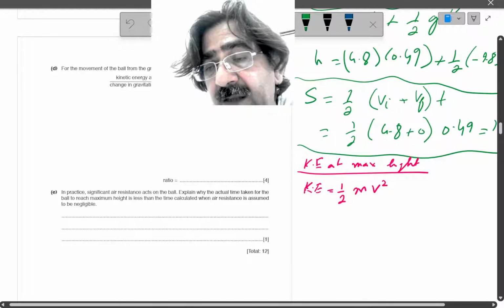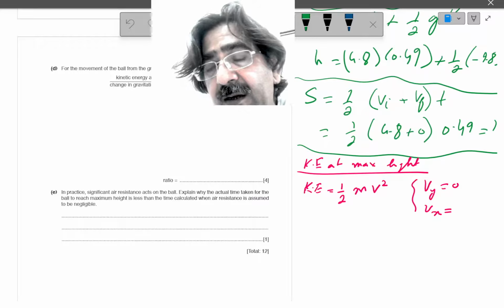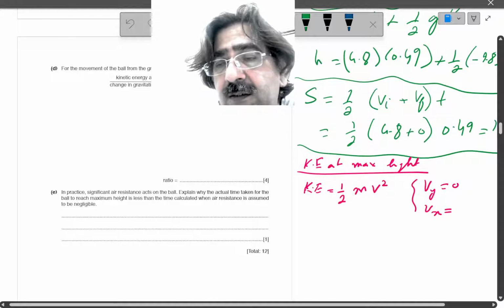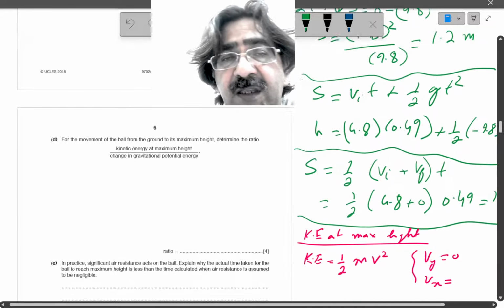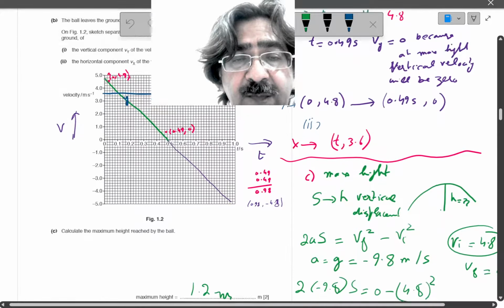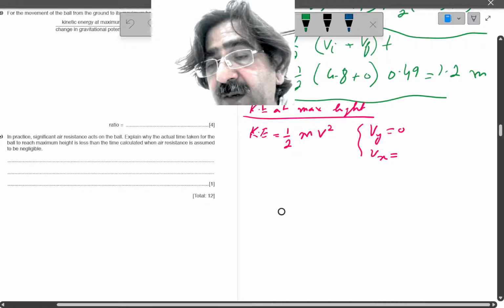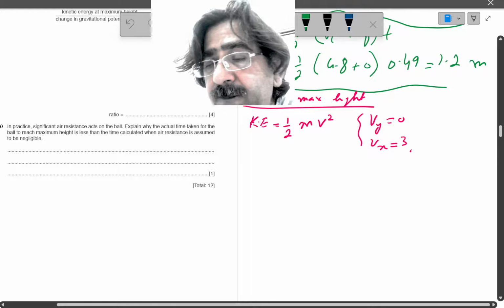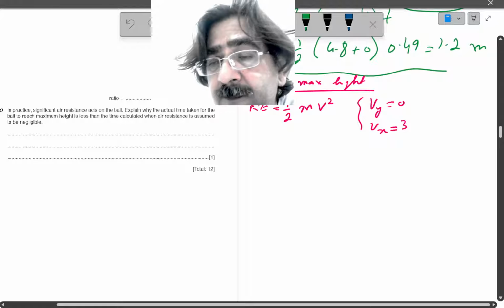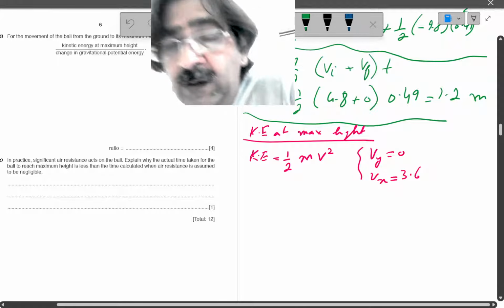But as we know that vy at maximum height will be 0, vx I have already, that will remain constant as given, 3.6.